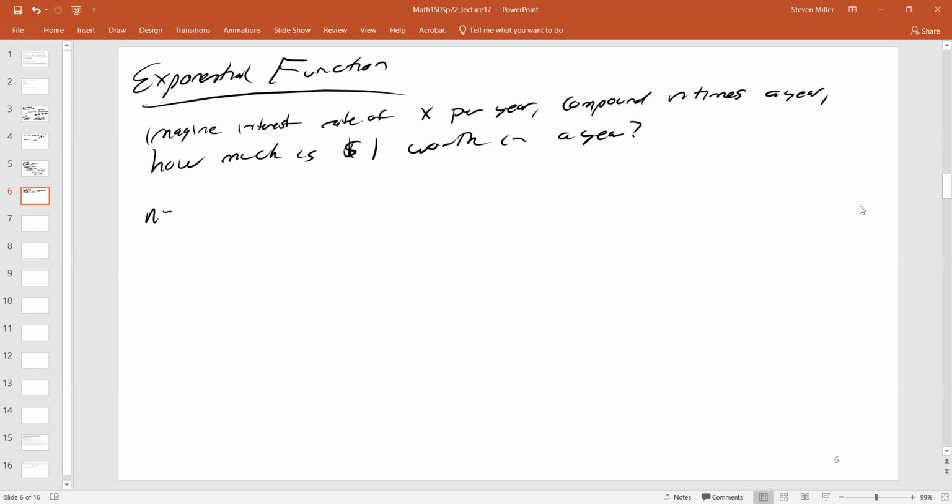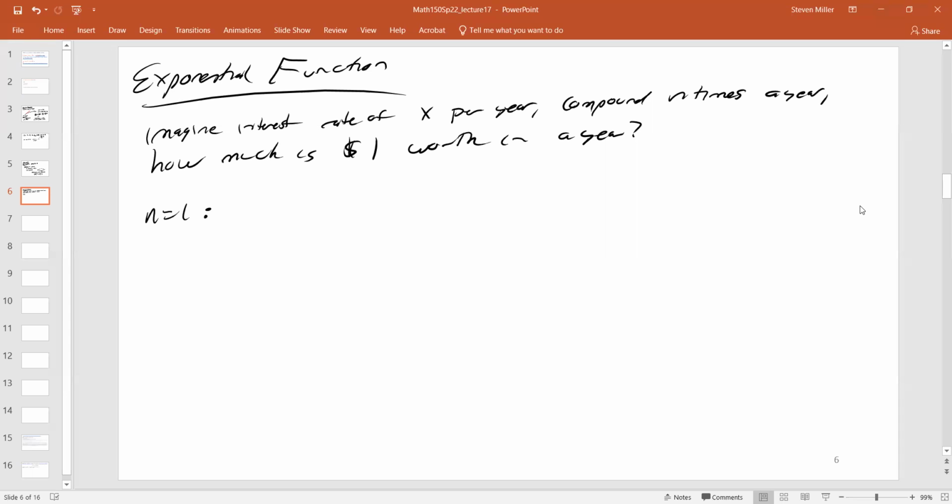So if n equals 1, how much is $1 worth a year later, if the interest rate is X%? You have $1, let's say X is really generous, say it's 50%, let's say X is 0.5. How much money would you have after 1 year? $1.50.